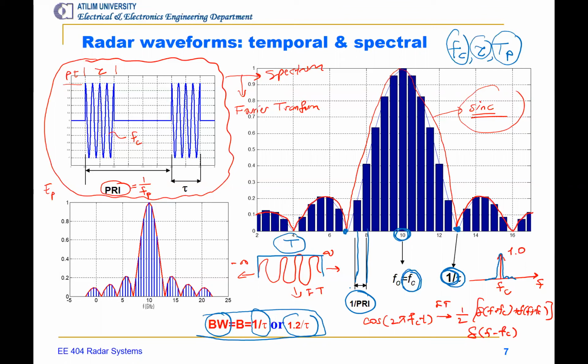So if we increase PRI, then the discrete lines will be approaching each other. Okay? If we make PRI smaller, then they're spreading, so they are far away from each other. So these 3 parameters are critical for understanding the spectrum of the radar waveform.